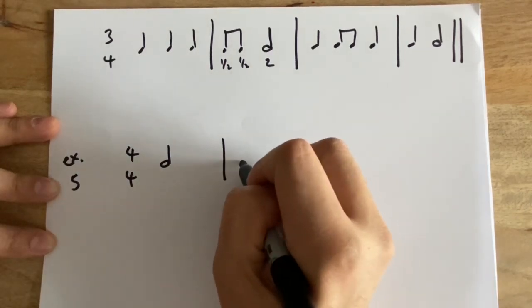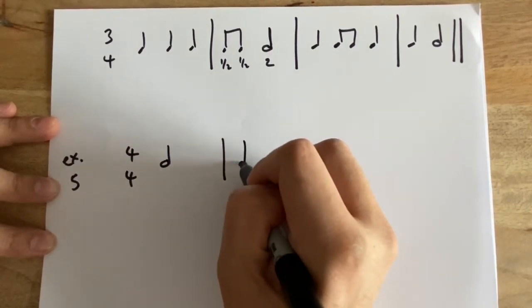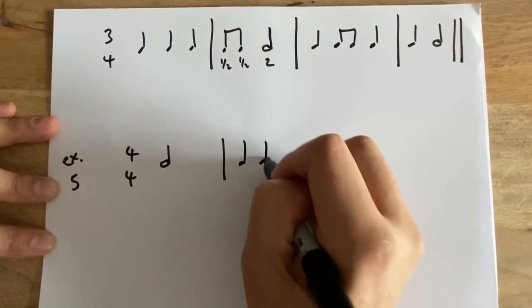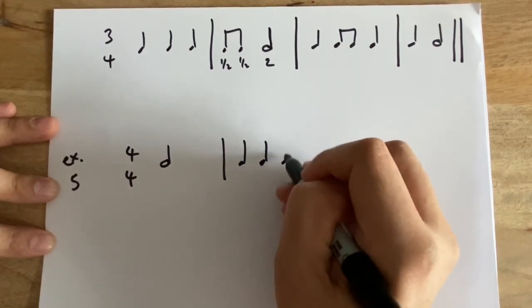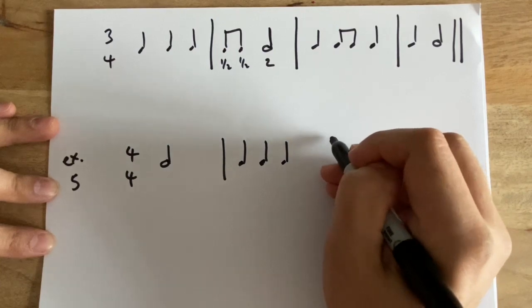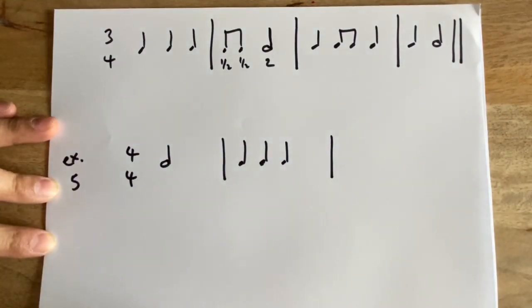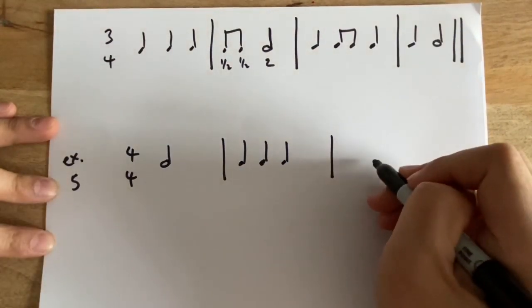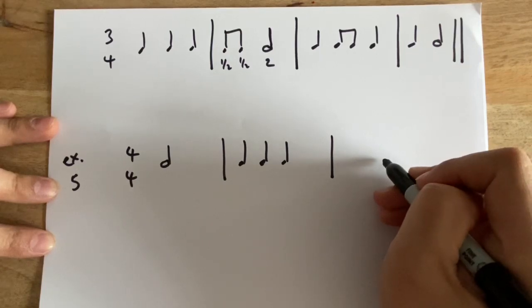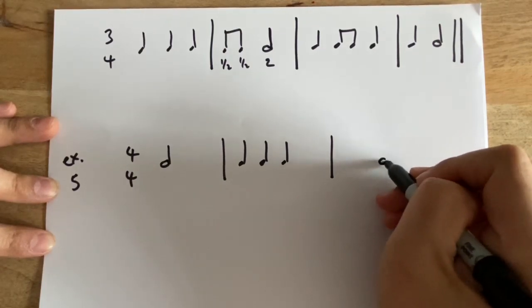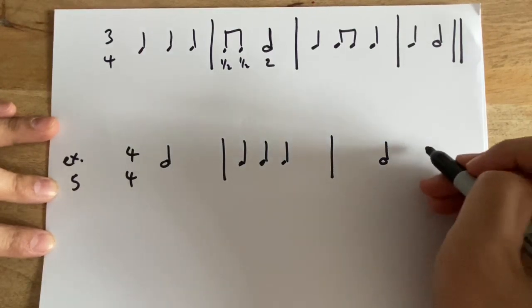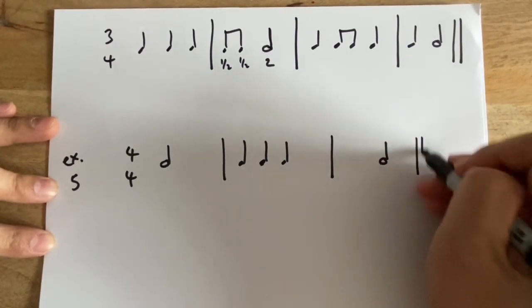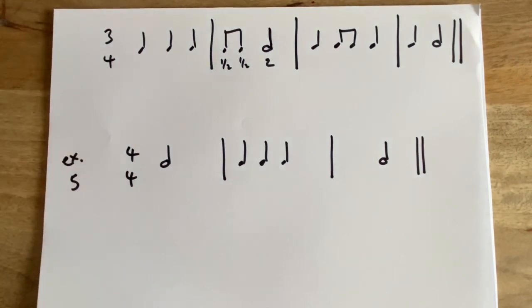So if I have in that first bar a minim, and then I'm missing something else before the bar line, what do I need to draw in? The next bar, I've got 3 crotchets, and then I've just drawn the bar line. So we've only got 3 counts. What's missing? And then the next bar, I've drawn a minim, and I'm showing there that it's the end because it's the double bar line.